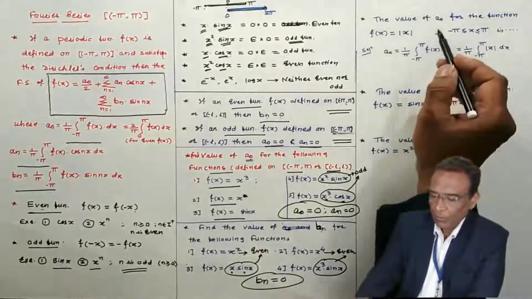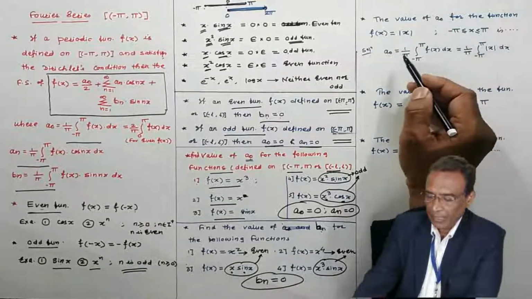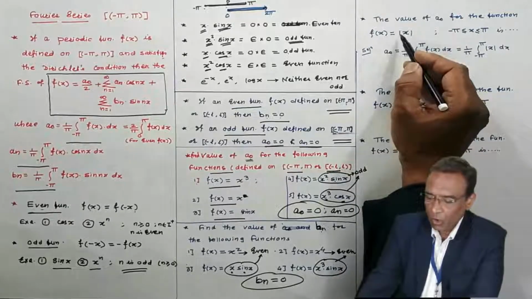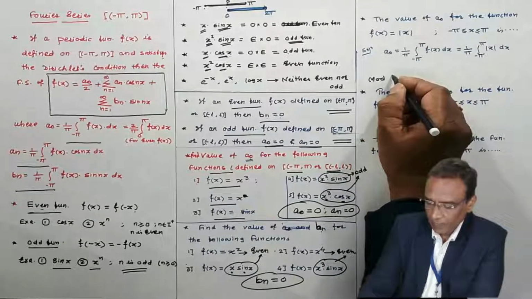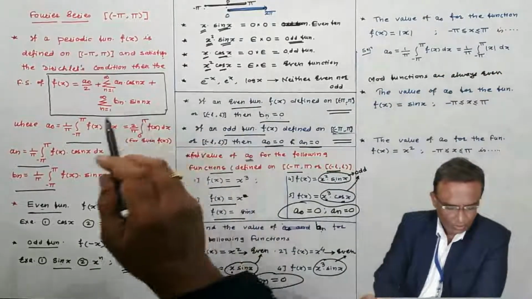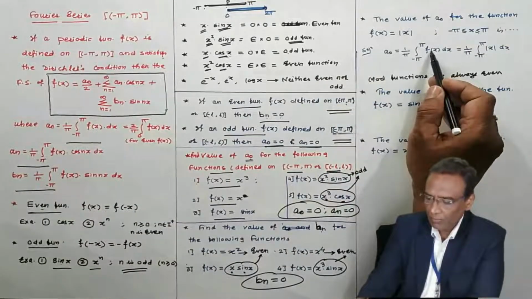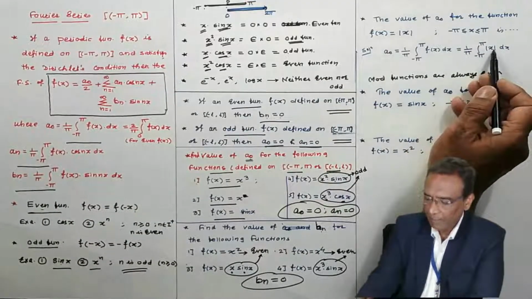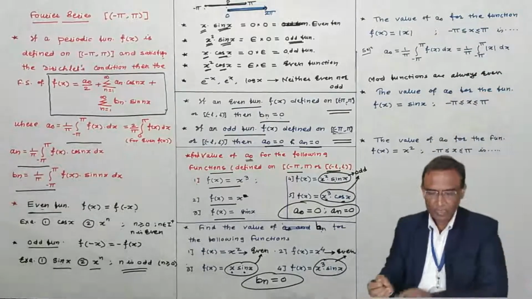Now, the value of a0 for the function mod x from minus pi to pi. This mod function is even. See, mod functions are always even. The a0 formula I am writing, where fx is mod x, and this mod x is an even function.